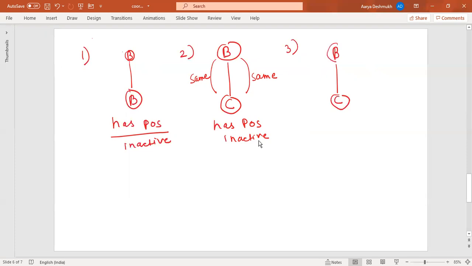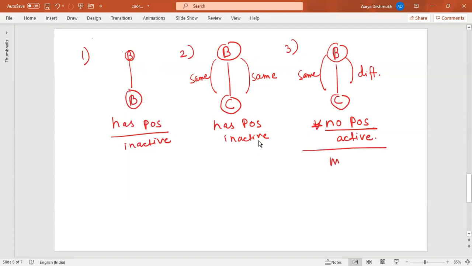If these two are different, and on one side it is the same and on the other side the ligands are different, then there is no plane of symmetry. So this will be optically active. Just now we discussed this. This is true for this type of complex, and the trans isomer of this type of complex is optically active.